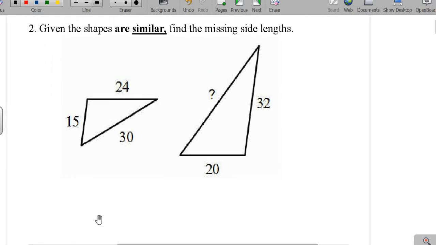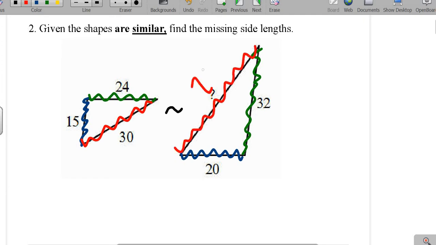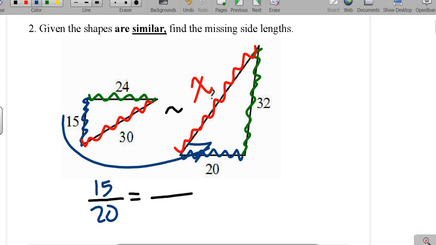Down here, given that they were similar, we match the sides up. So short goes with short. Medium goes with medium. Long goes with long. I'm going to make a proportion. You could have chosen either the 15 or 24. It really didn't matter. I'm going to go short to short. So I'm going to go 15 to 20 equals 30 to unknown.